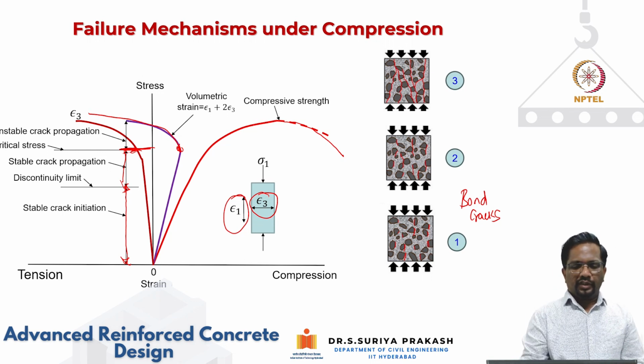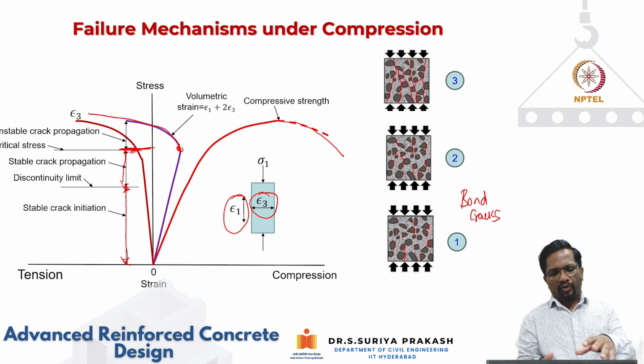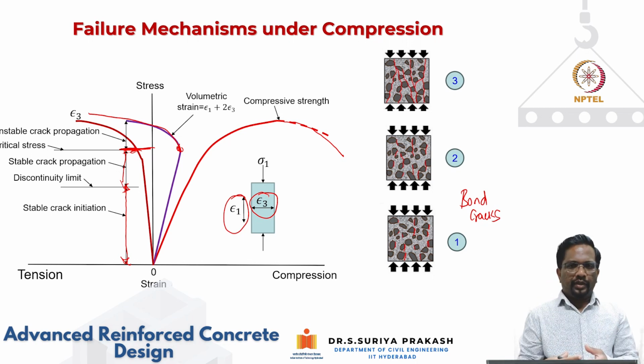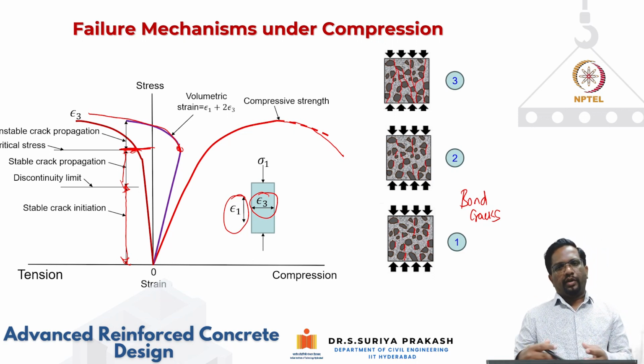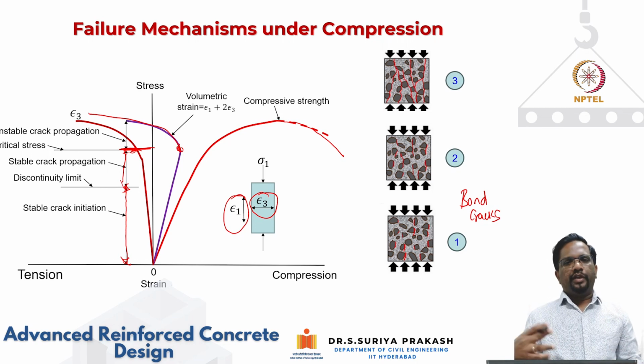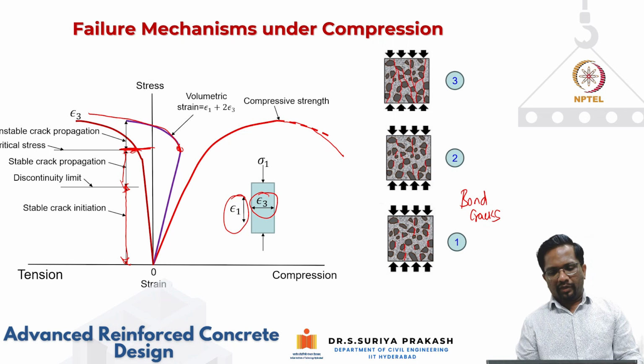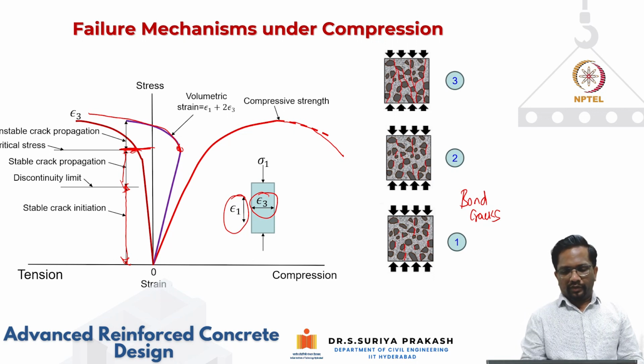So this is the way the failure happens. Initially there are no cracks, then the bond cracks form, and then the bond cracks start connecting together. Then you also have mortar cracks forming, then bond cracks and mortar cracks combine and connect together, and it reaches the level of critical stress. Then there is a lot of dilation happening in the concrete, and it will lead to complete failure. So this is how the failure mechanism happens in compression.